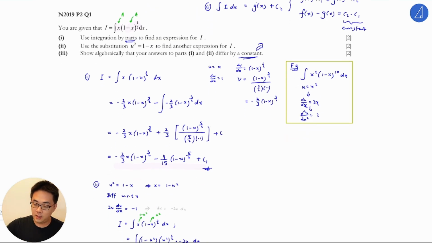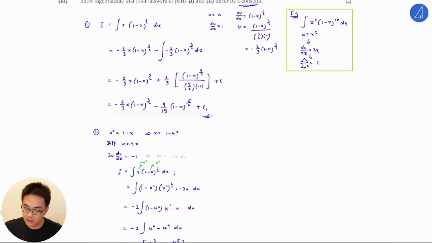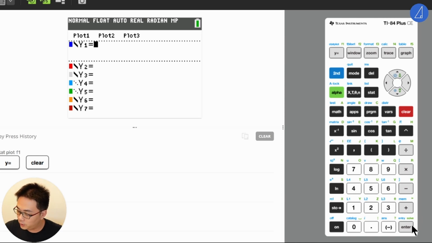Once we're done with that, I'm going to key into the calculator here. I think we all know how to key into the calculator, so I'm going to leave that to you.